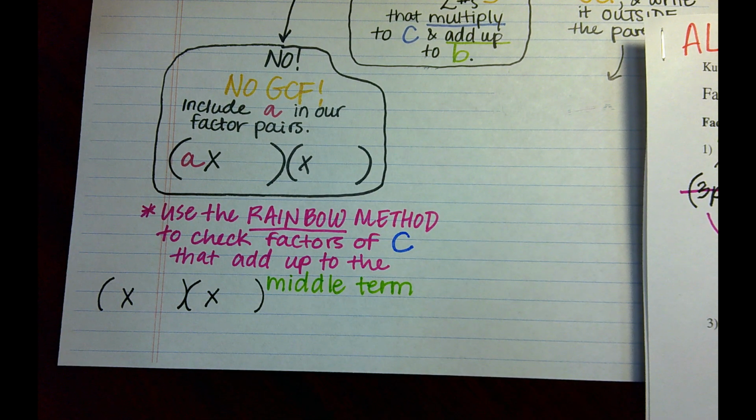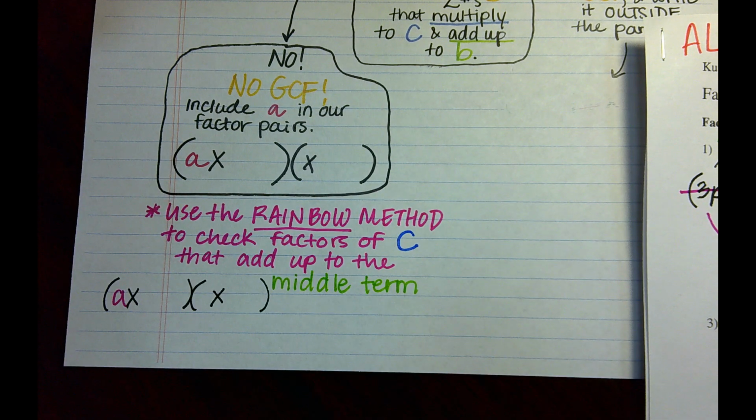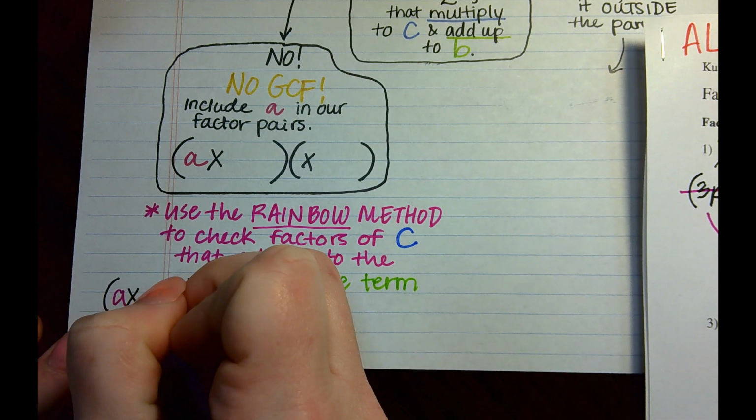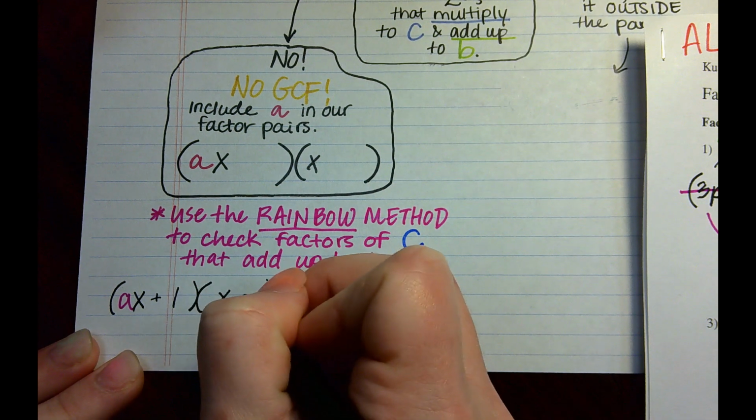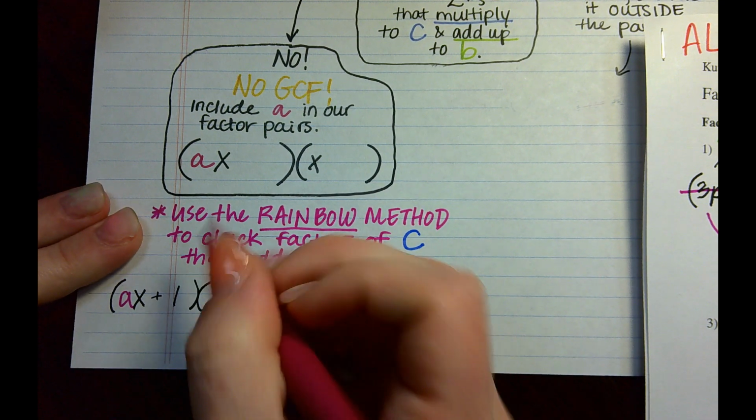Let's see. Our Ax, I'm just going to put a random number in these for our example.